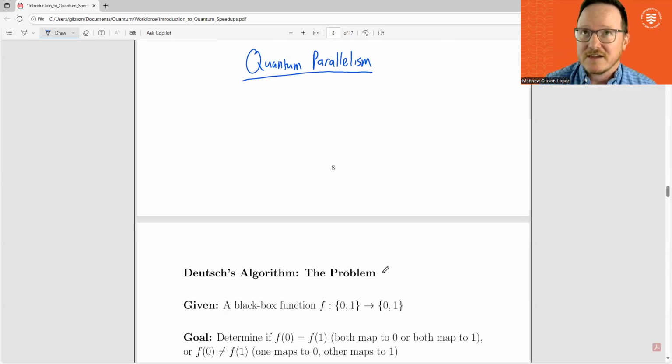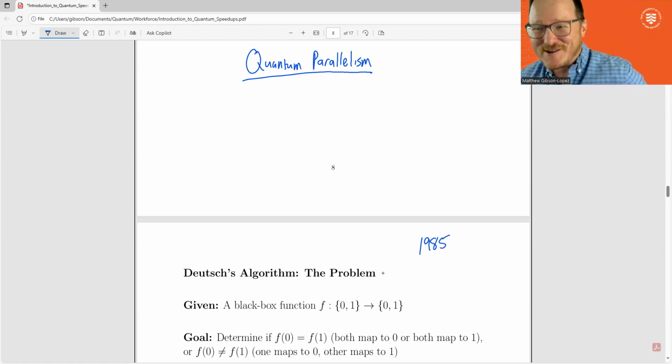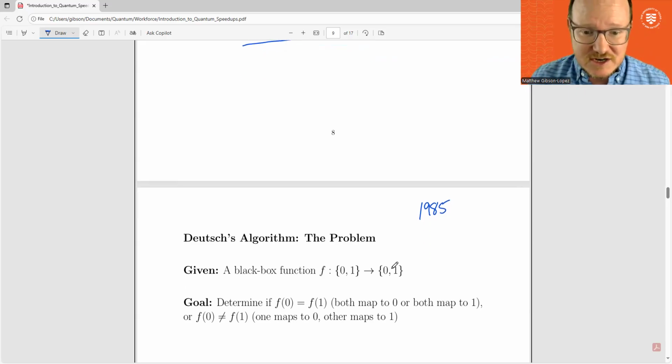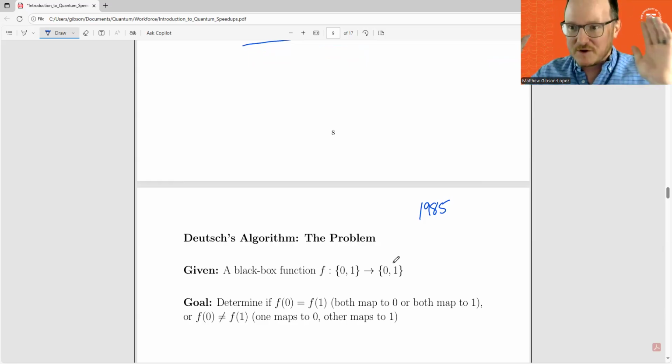So this is a 1985 result, which is ancient for quantum computing. At the time, nobody knew whether this was actually going to potentially be useful or not. And it was the first example where the classical computer doesn't do as well as the quantum computer.